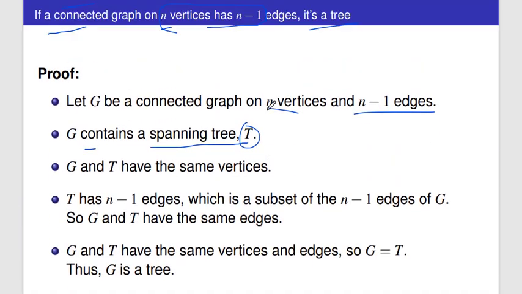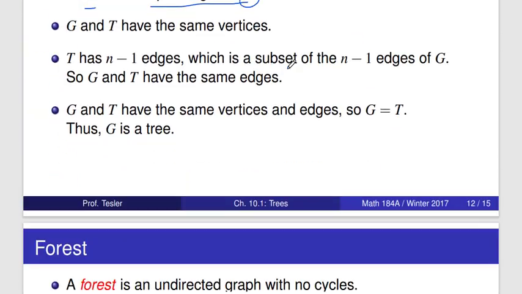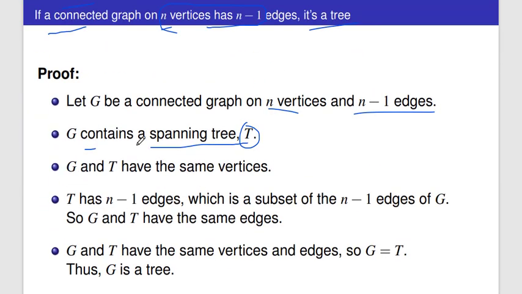Now we already know the spanning tree has all the vertices, so G and T have the same vertices. If T is a spanning tree, then T has n minus 1 edges, because T has n vertices.